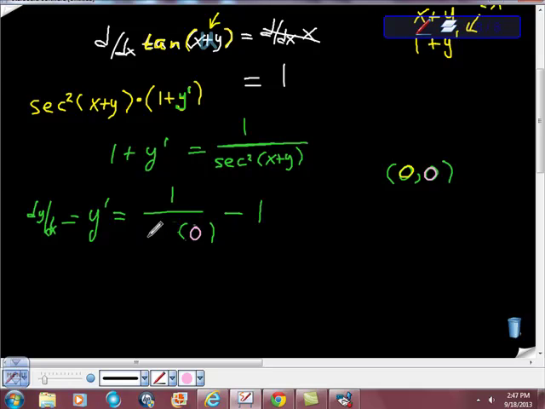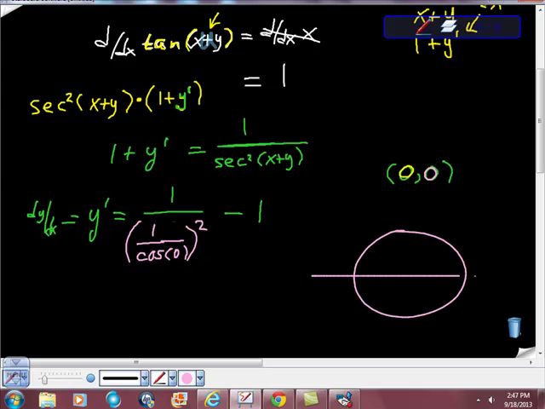It is the same as 1 over cosine of 0, remember, it was secant squared. Well, 1 over cosine is secant, and it was squared, so there's the square. Look at the unit circle in your head for a second. So here's our unit circle. They want 0.